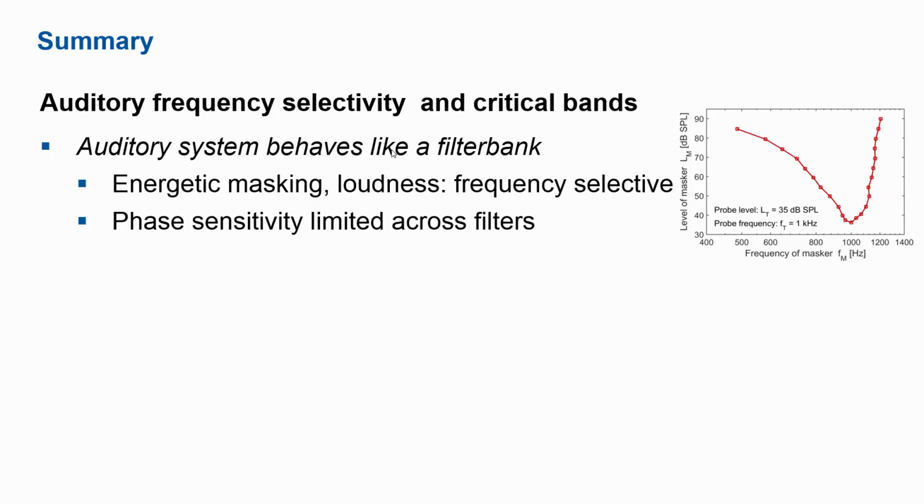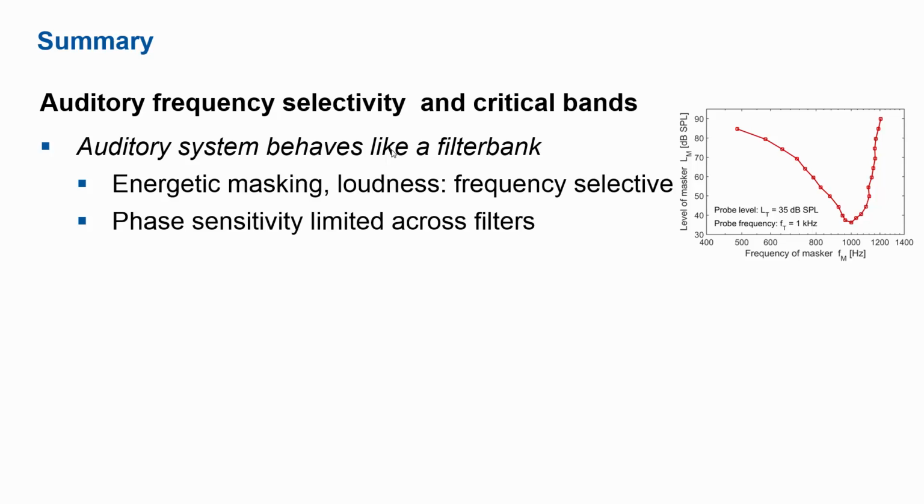The sensitivity for masking a tone is very high near the tone's frequency, but the masker needs to be turned up if it's further away in frequency than the tone. So there is a frequency selectivity, which really helps us also in processing sounds. This also is important for our loudness perception, as we will see in the next lecture.